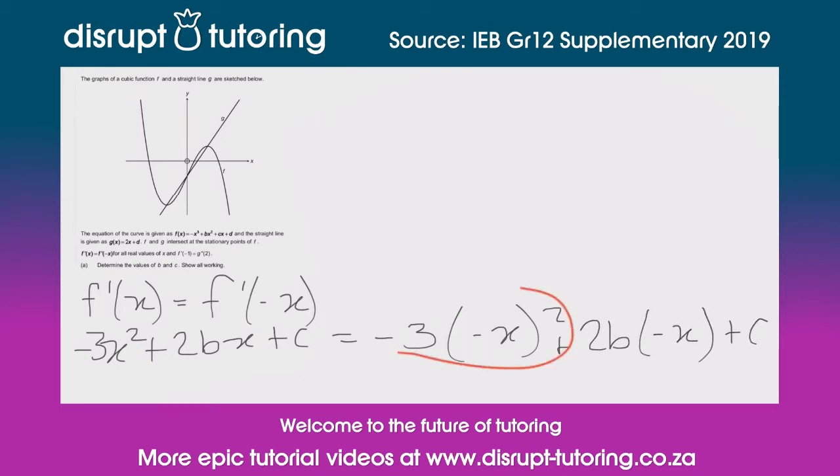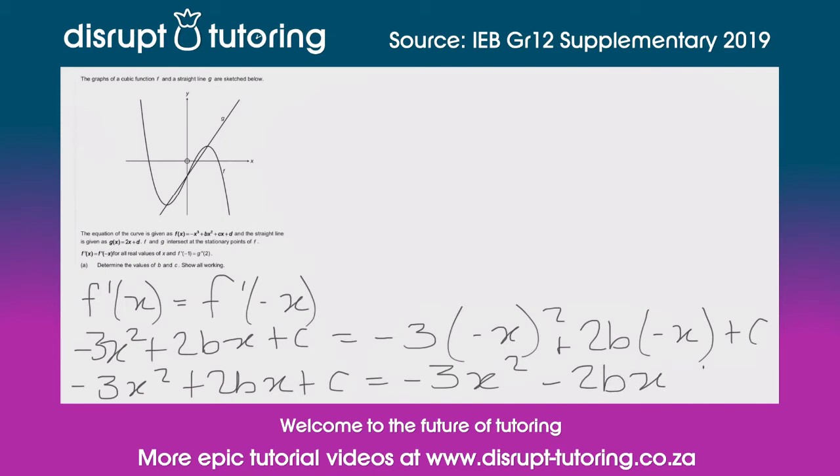Right, I'm going to use a step just to get rid of those brackets to neaten things up for myself. So it's going to be minus 3x squared plus 2bx plus c equals minus 3. That minus x squared becomes a positive x squared. So it gives us x squared minus 2bx plus c. Now I can cancel some stuff out. The c's are going to cancel out, and the minus 3x squareds are going to cancel out.